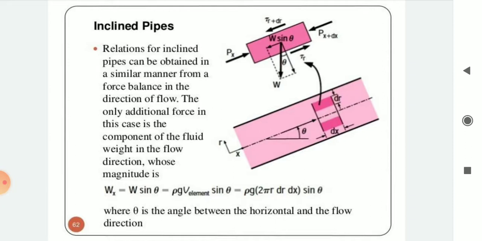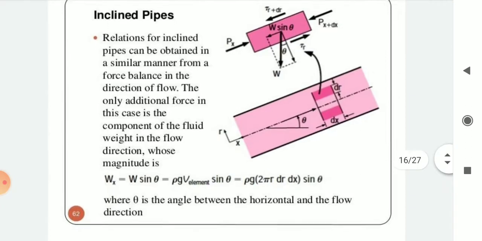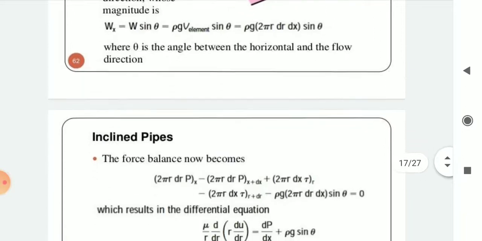The only additional force in this case is the component of the fluid weight in the flow direction, whose magnitude is W_x = W sin θ = ρgV_element sin θ = ρg(2πr dr dx) sin θ, where θ is the angle between the horizontal and the flow direction, as you can see in the image.